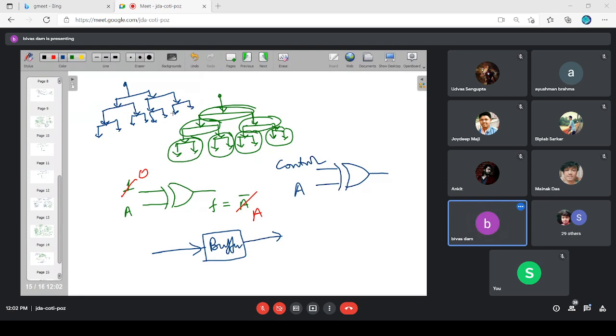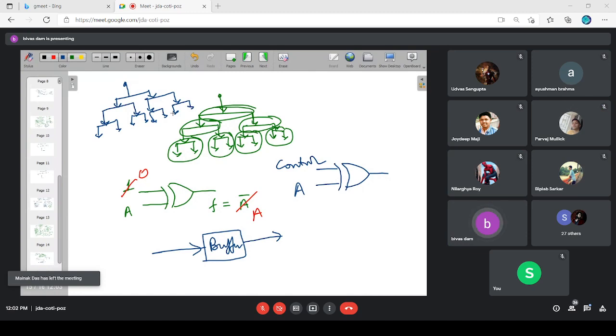Ashraf Hussain, absent. Aryan Shodhar, absent.